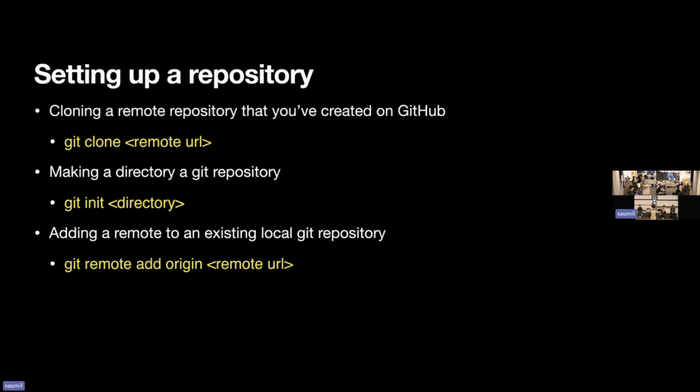Okay. So to set up a repository, let me just go through the theory first because we are pretty close to our hands-on section. There are two ways mainly to set up a repository. First of all, if you want to work on your friend's project and it's already on GitHub, right?